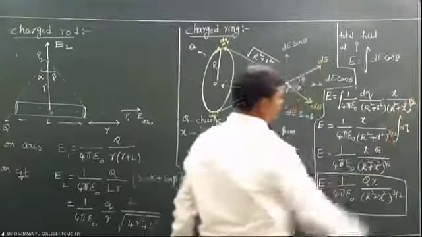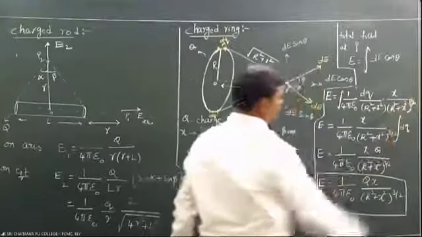Second, when x is much greater than r. Compare with this r, if this distance x is much greater, if r is only 1 centimeter and x is 100 centimeters, like that.